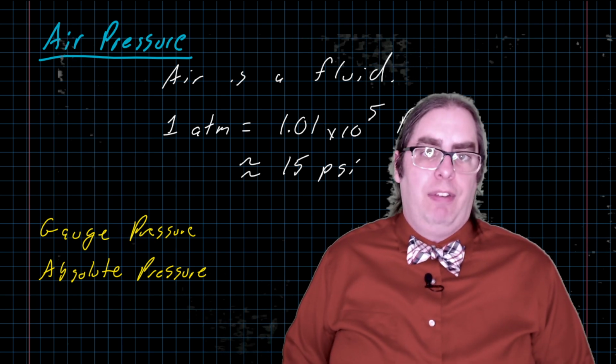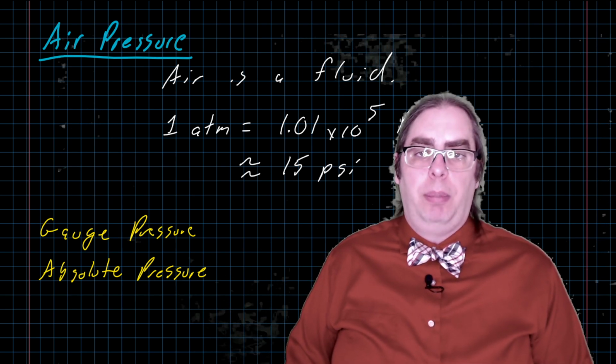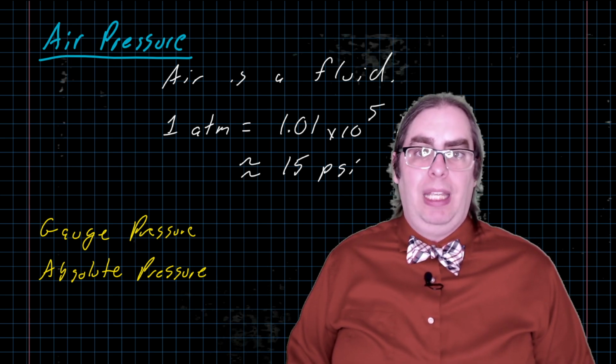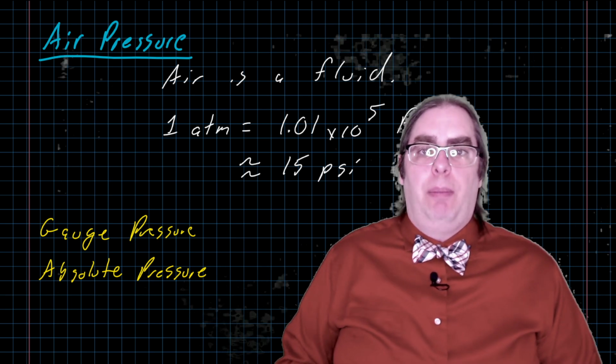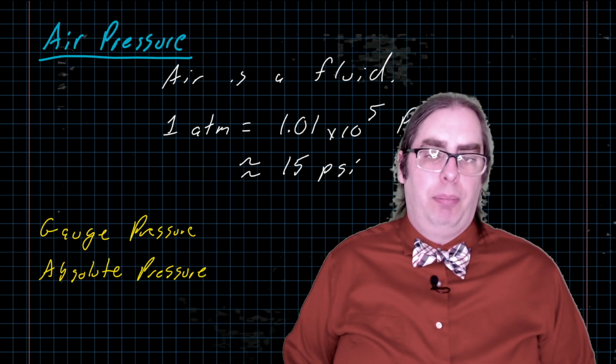Once you seal everything up and you start pumping air in, helium probably, that's going to cause the pressure in the tank to increase. So the gauge will read how much the pressure has increased compared to the outside pressure.